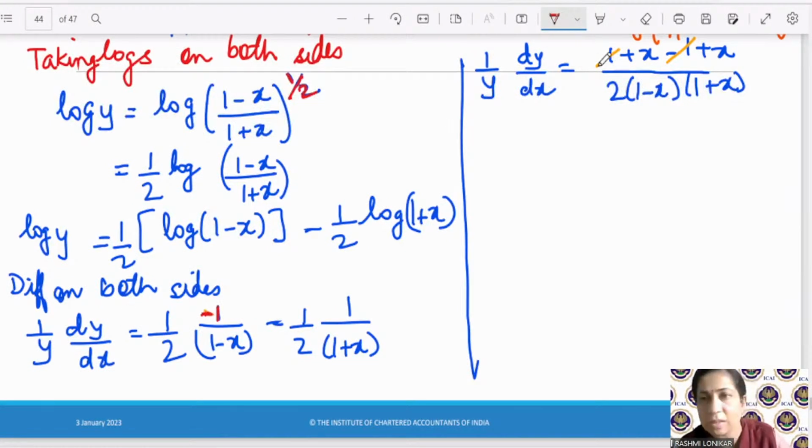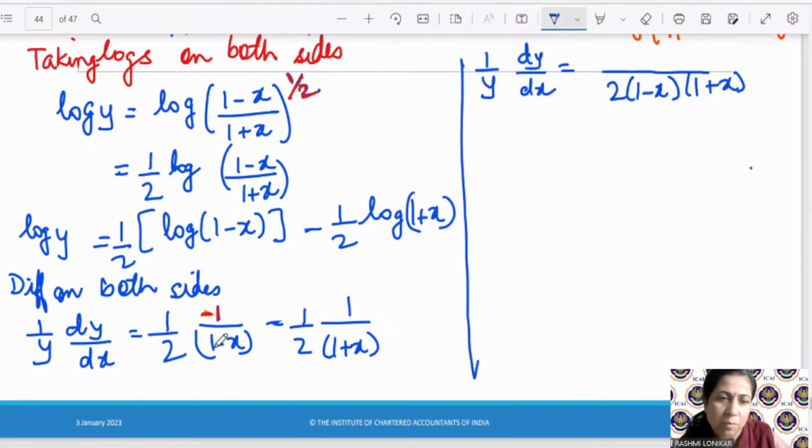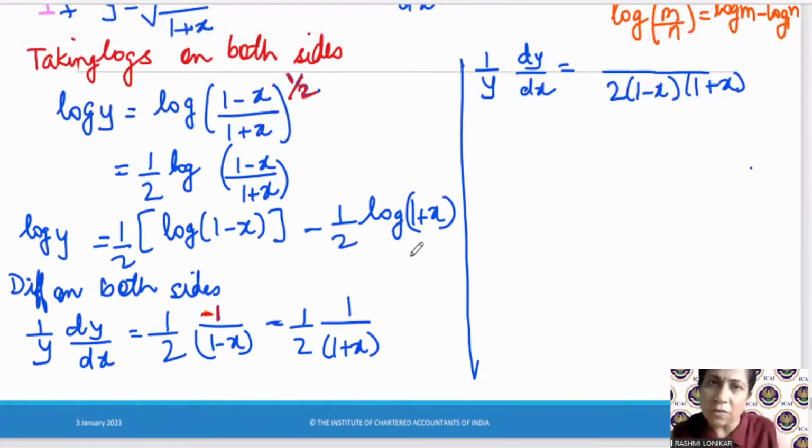So this minus sign is very important here. Normally, the derivative of log x is 1 upon x, and the derivative of log of (1 plus x) is 1 upon (1 plus x). But for log of (1 minus x), it is minus 1 upon (1 minus x), because there is this minus in front of the x.